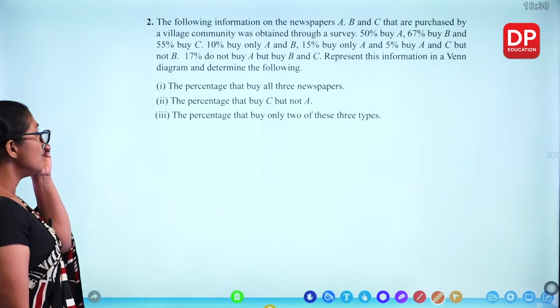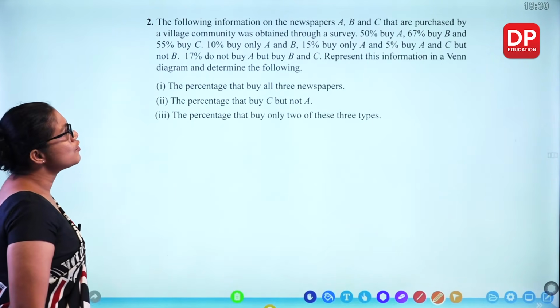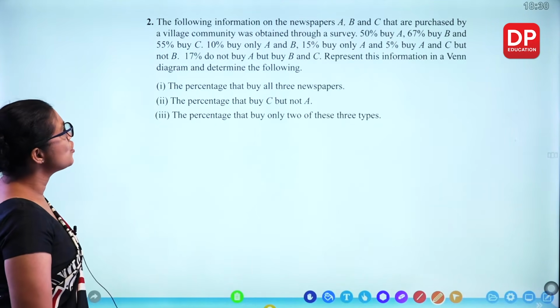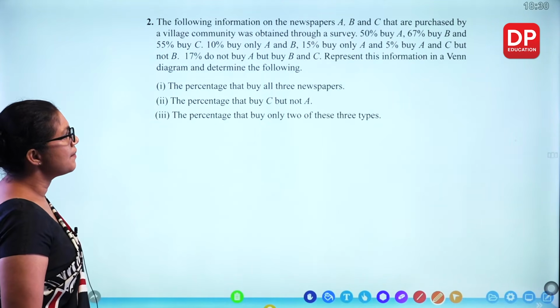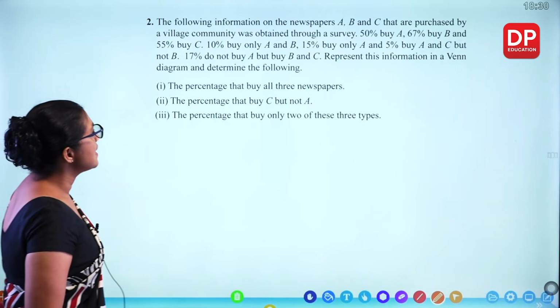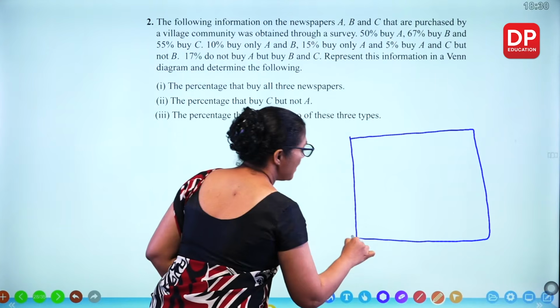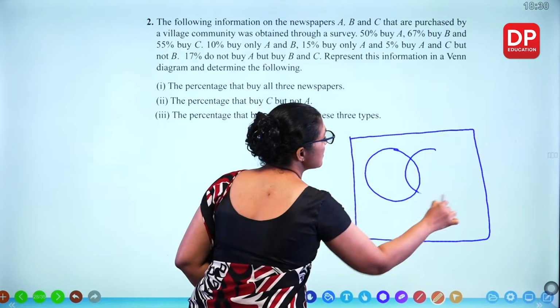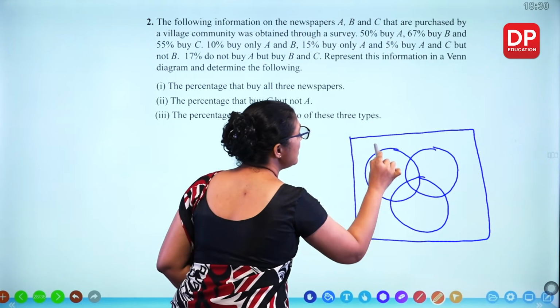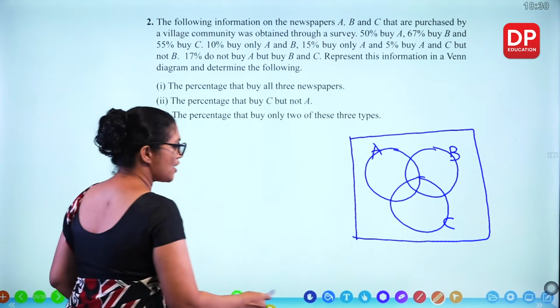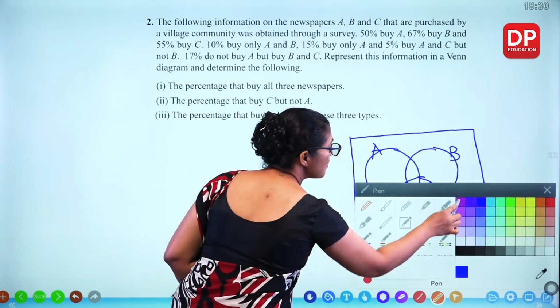Question number 2. The following information on the newspapers A, B, C that are purchased by a village community was obtained through a survey. So we need to draw a Venn diagram with 3 circles and label A, B, C. Now we'll try to fill the numbers.